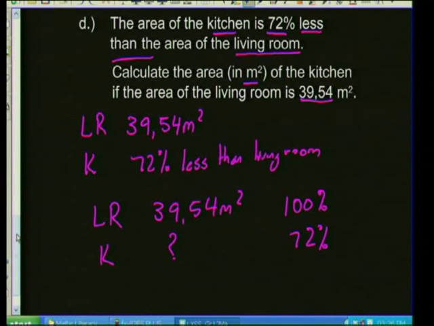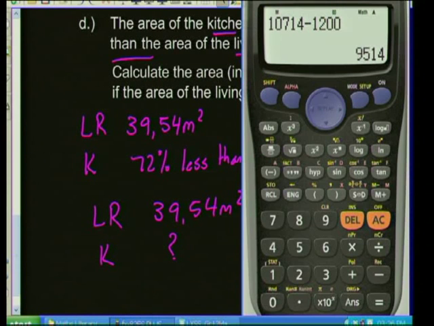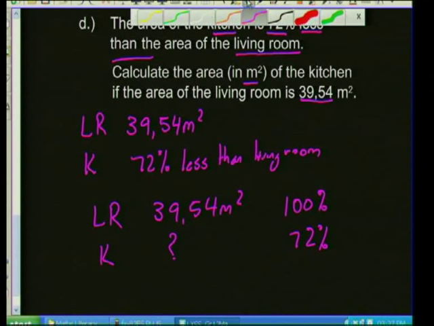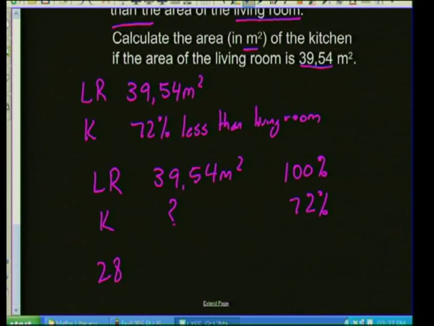So we can times 39.54 by 72%. Use the proper percent button on your calculator. That is 28.47. Let's round it off. 28.47. That is 72% of the living room.